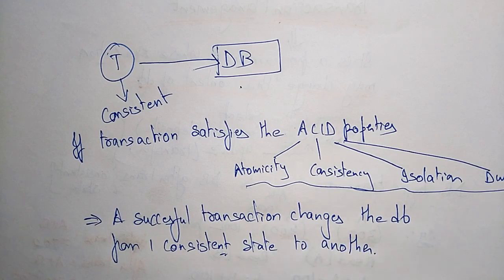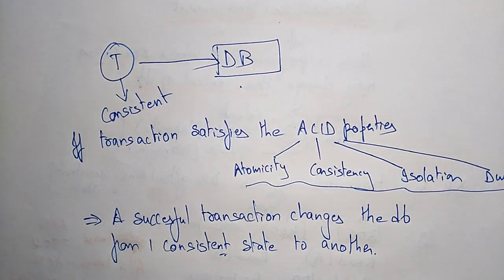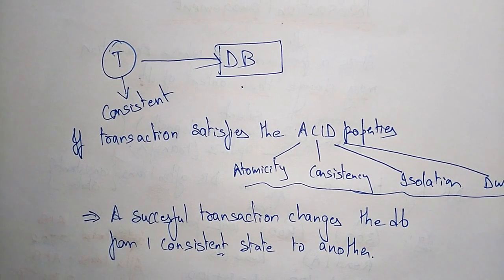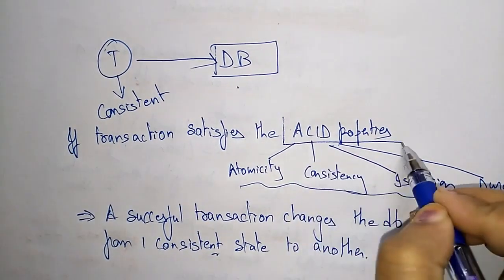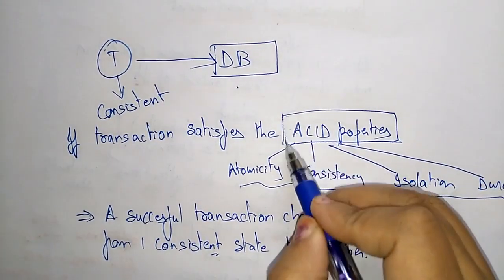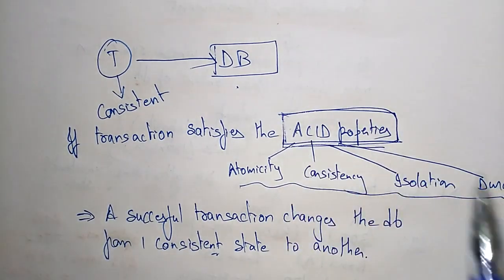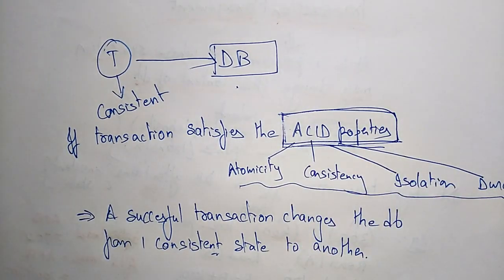So this is the transaction management: to maintain the transactions that we are doing on the database as consistent, we have to satisfy the ACID properties. With the help of the ACID properties, we can ensure that whatever request we are giving to the database should be in a consistent state. Thank you.